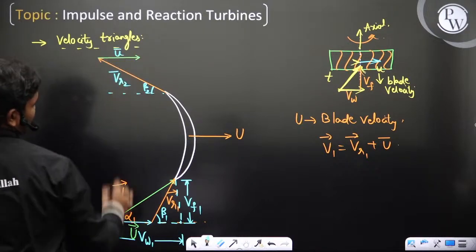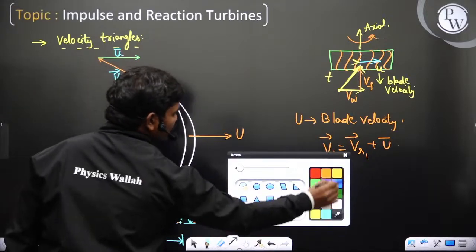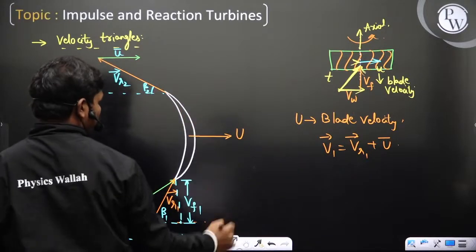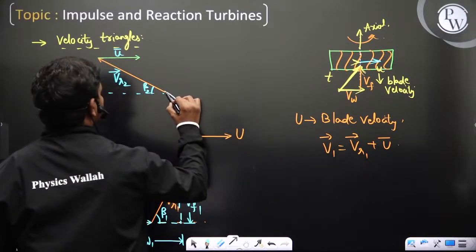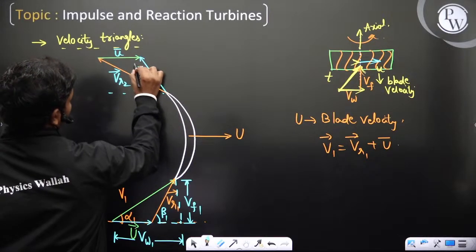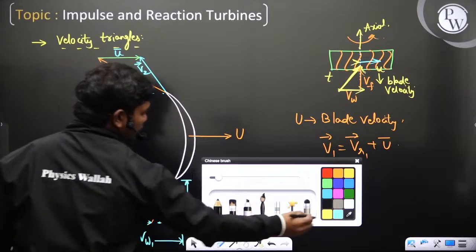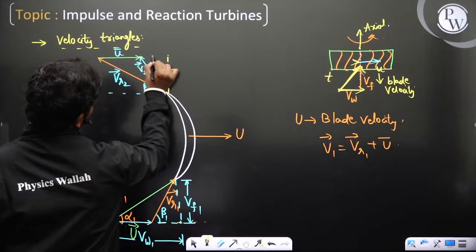For example, if this is VR2 bar, then clearly the absolute velocity is the vector summation. So the vector sum from this point is the closing vector, which is v2 here. And if you resolve this v2, you can see this is again the axial component at the outlet, as at the inlet.